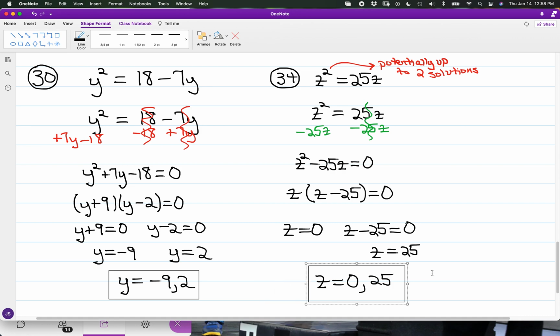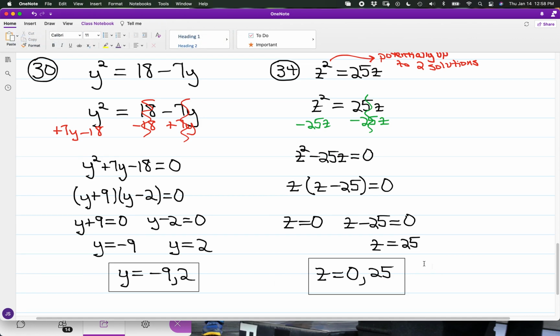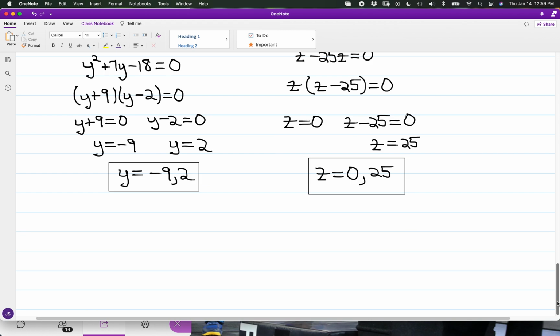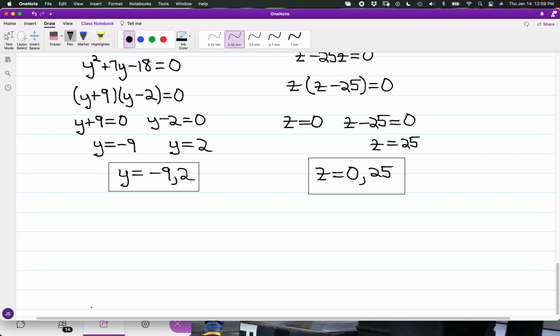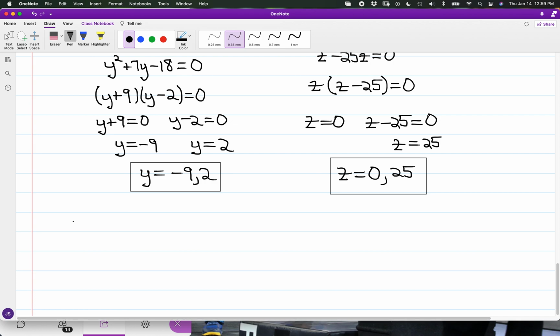Okay, all right. Now, number 35. This one might run a little counterintuitively in terms of how to apply the zero product property. For this one, we have a couple of binomial expressions in the variable m.